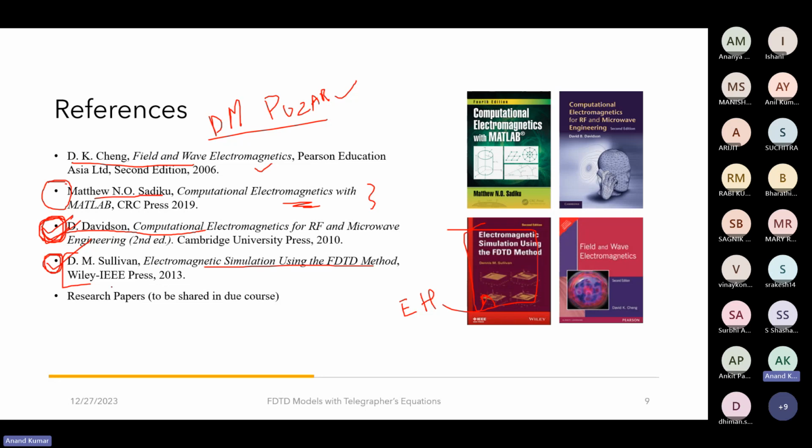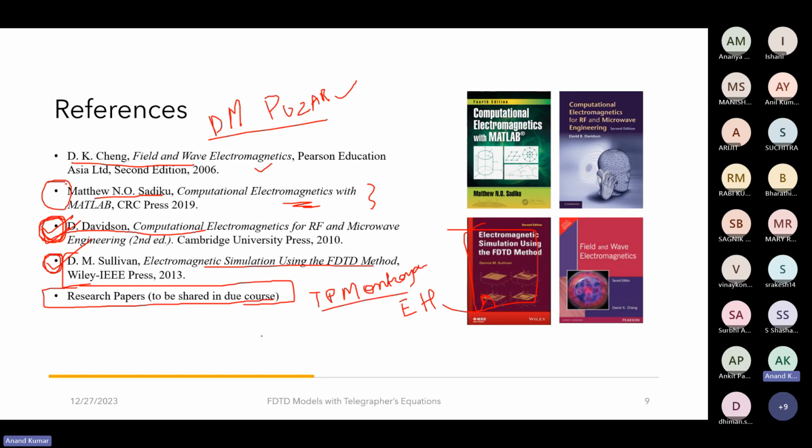After a couple of classes, we'll actually switch to research papers, which I will share with you during the classes. Some papers will be by T. P. Montoya.